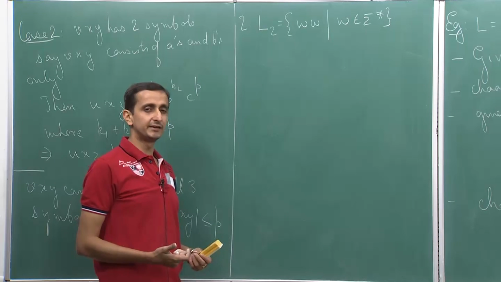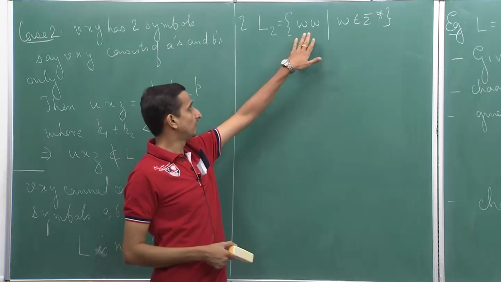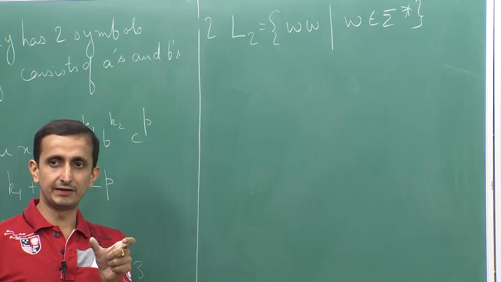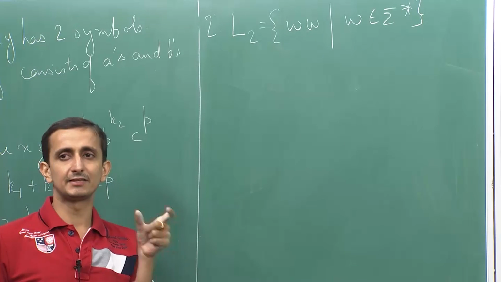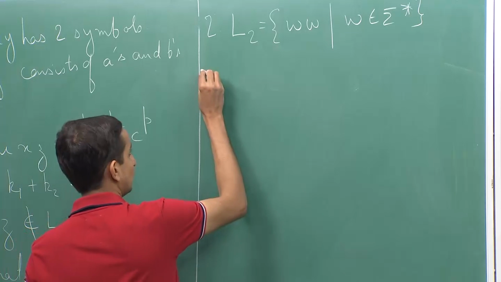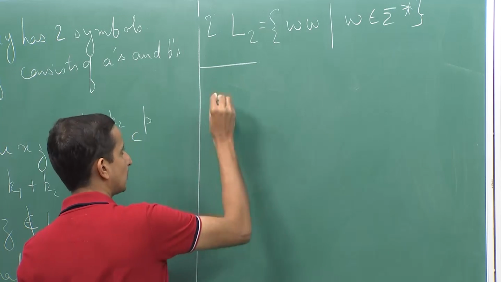You take any string in sigma star and look at all strings which have a string followed by a repetition of the same string. So, the exact same string repeats. Once again we will prove that this language is not context free.